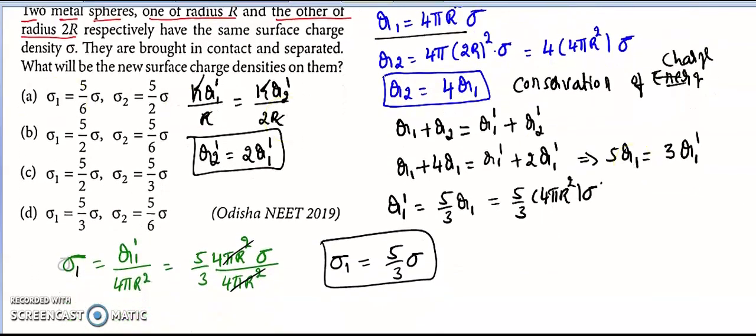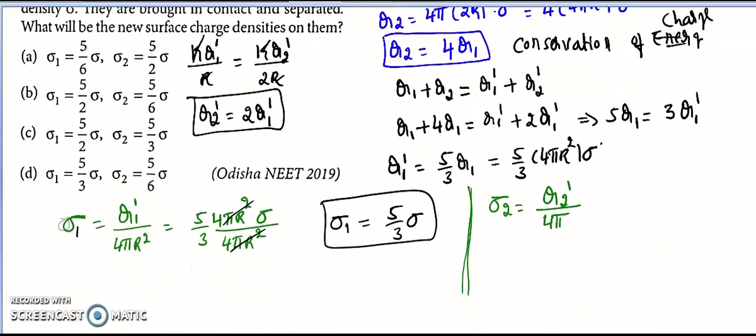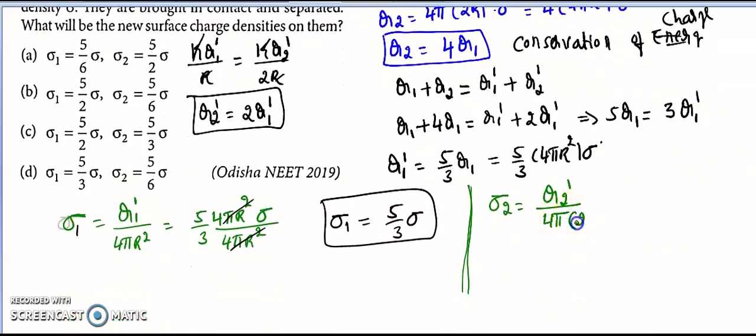Now you have to find the sigma 2. How to find sigma 2? Sigma 2 is found by the same method. Similarly, sigma 2 is equal to Q2 dash divided by 4 pi into radius. The second sphere's radius is 2R, so 2R whole square.